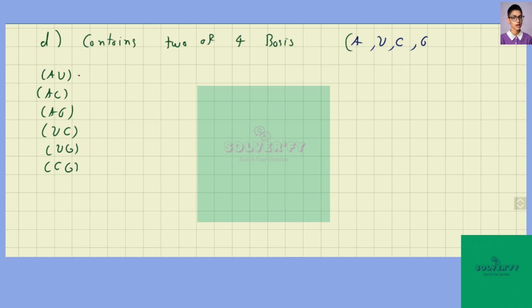For each of these pairs, we need to create a sequence that contains these two elements. We have 4 positions, and for each position we have 2 possibilities, which are these 2 possible letters: 2, 2, 2, 2. This equals 2 to the 4th power. But we need to be careful, because among all the possible combinations there will be a string that contains only the first letter or only the second letter.